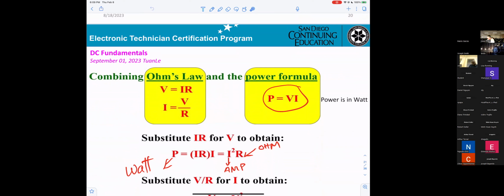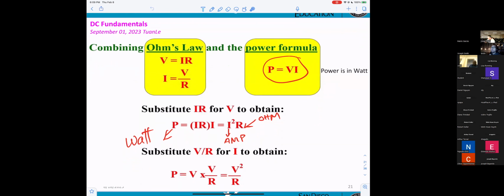The other formula will be P equals I squared times R, and the last one, P equals V squared over R. So basically, to calculate the power, you get three formulas: V times I, I squared times R, or V squared over R. In this formula, P will be in watts, V has to be in volts, and I has to be in amperes.